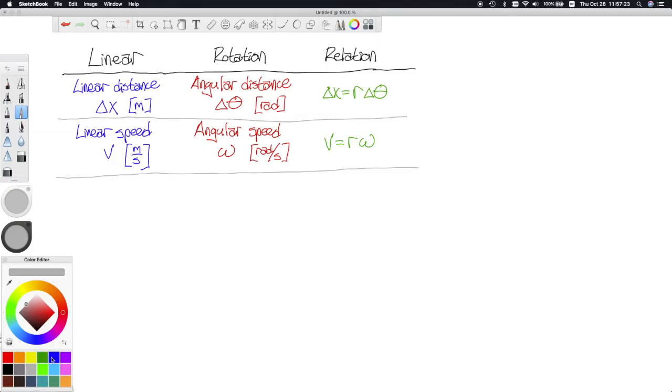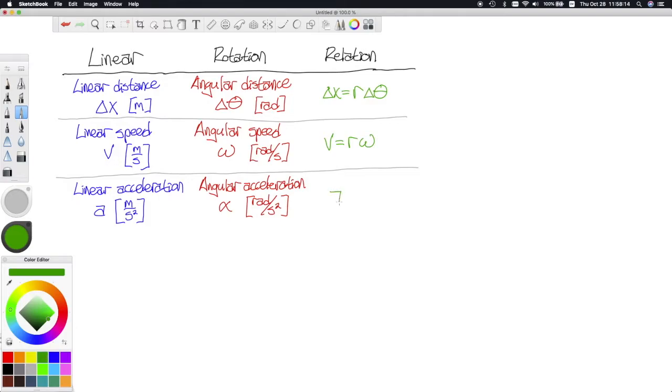Linear equals the radius of the circular path the object is following times the angular quantity, omega. Then we had our linear and angular accelerations. The linear acceleration being in meters per second squared and the angular acceleration in radians per second squared. And again, we had the relationship. Linear equals r times angular, but we have the extra little caveat here that it is the tangential acceleration only that we're talking about.